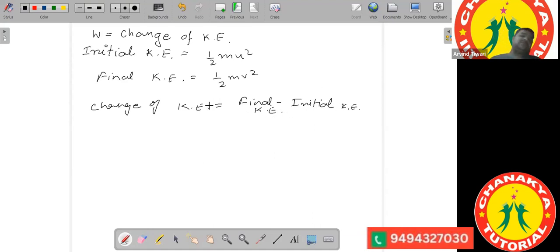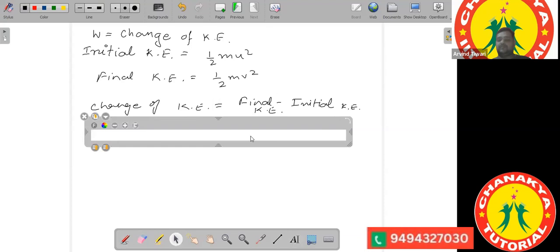Now, on the basis of this, we will try to solve one of the problems. This will give you a deeper understanding of work and kinetic energy. Okay. So let's try to solve this problem. With all the formulas, you will try to solve this problem. Everywhere you have to use the SI system of units. Okay.